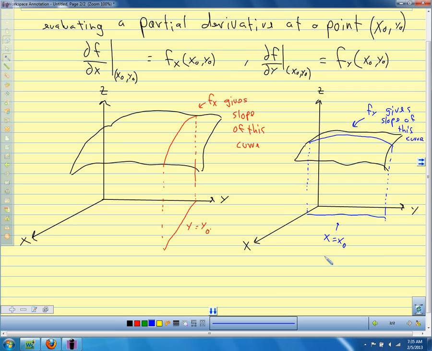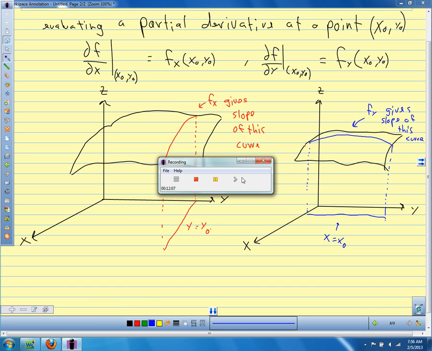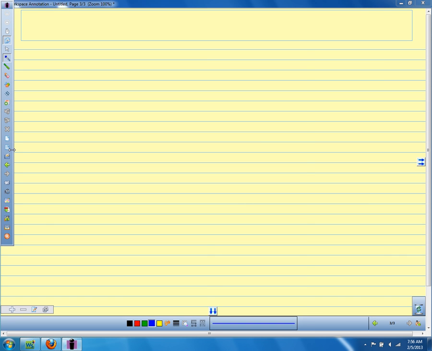So the first thing I want to do is practice a little bit visualizing some partial derivatives. So in your book on page 912. Let's look at, we'll do a couple of examples here where we're doing some calculation.